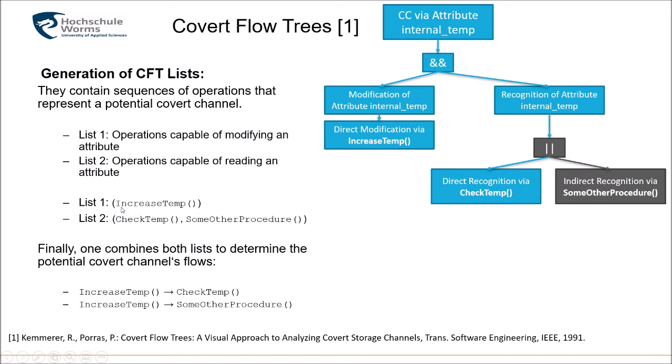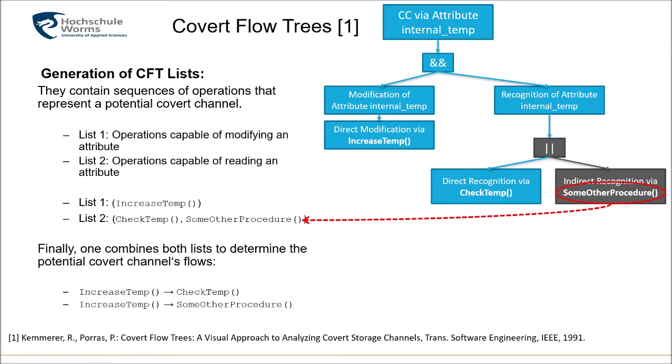So we start with increase temperature to modify the attribute, and then we use check temperature, the first element of the second list, to recognize the modification. In the same way, we use increase temperature with some other procedure to indirectly recognize the modification. Whatever this method or procedure does, we don't know. Oh yeah, and the indirectly recognizing procedures also land here in list 2.